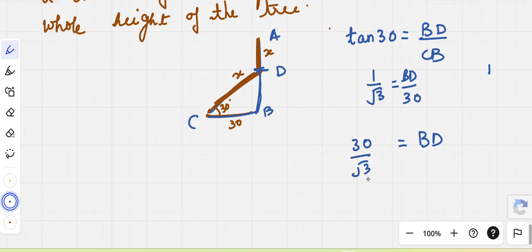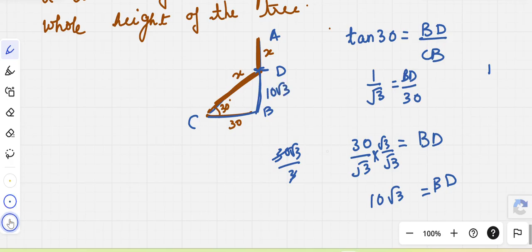Multiplying root 3 up and down, we get 30 root 3 by 3, and then 10 root 3 for BD. I am sure a few kids would definitely have got this. Now what is the challenge? The challenge is to find x.